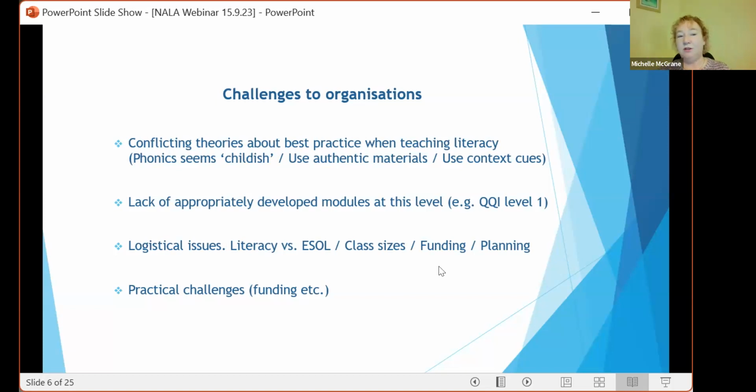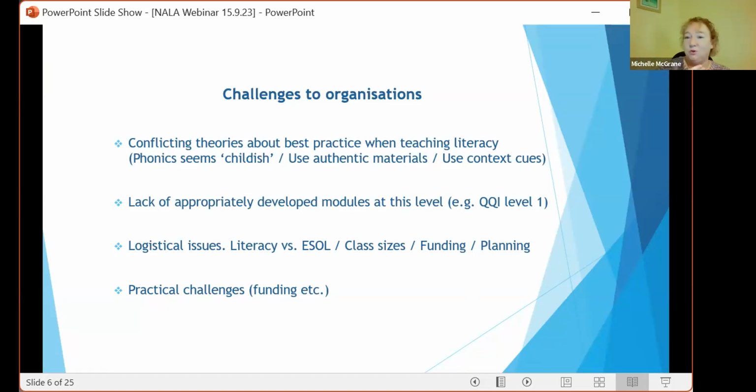And then, of course, we have all the logistical issues. We have literacy service on one side, and ESOL service might be a separate part. It could have different ALOs, could be in different locations, class sizes, and we're all under huge pressure at the moment to pack people into classes because ESOL learners, the population is very high.